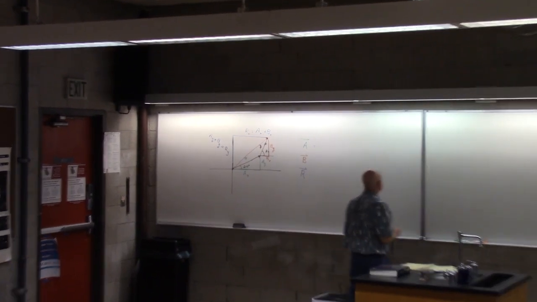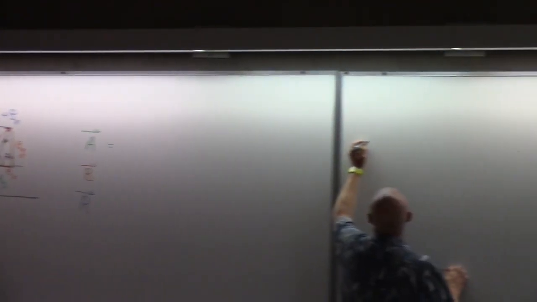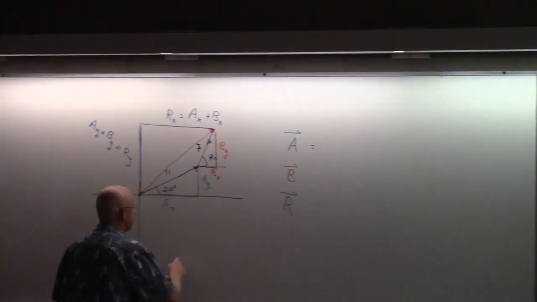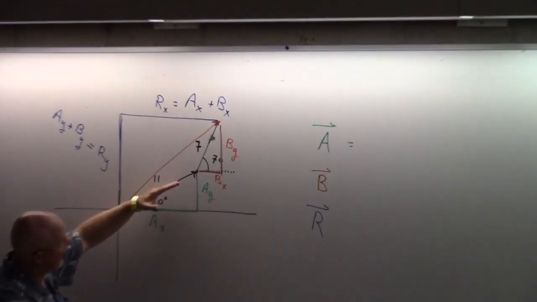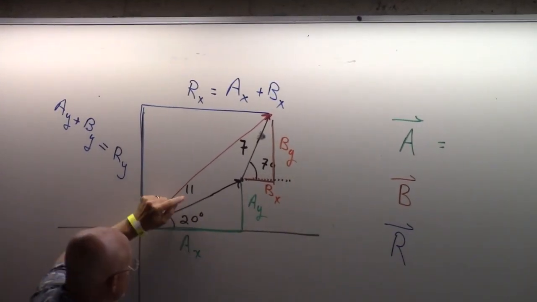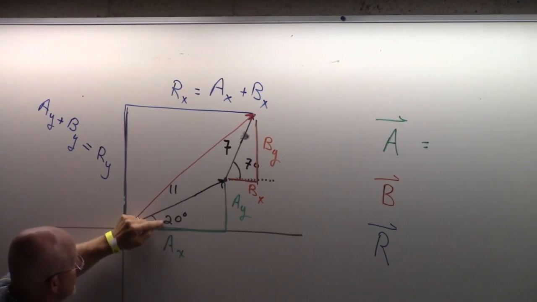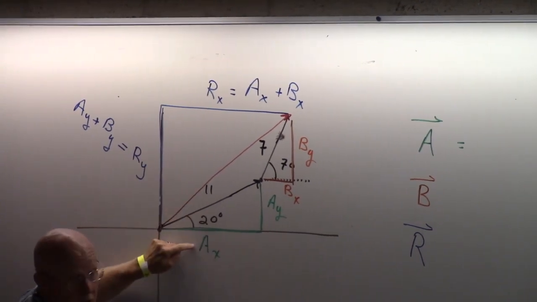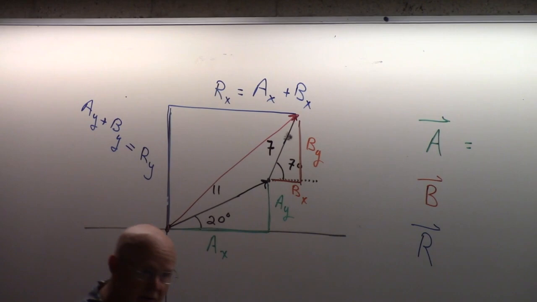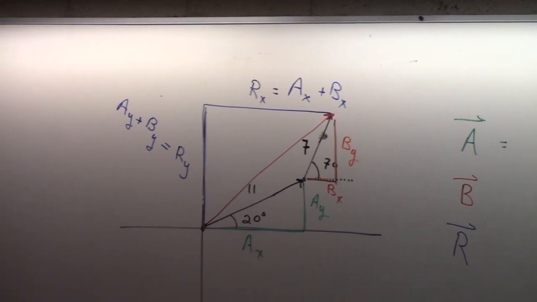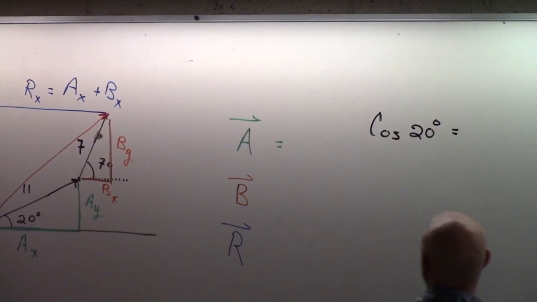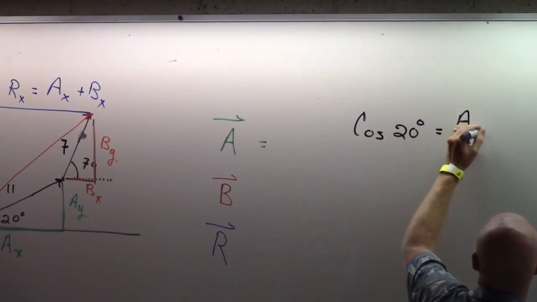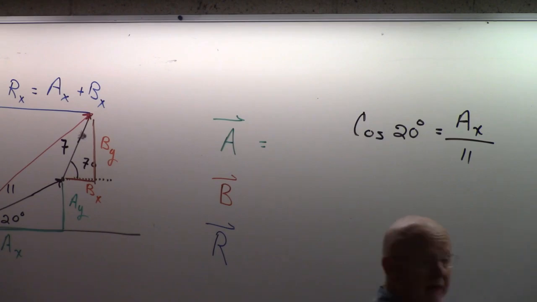So why don't I start with the hope of getting AX. See, this first little hike, which I've called A, is 11 long at 20 degrees. So this is the hypotenuse, and I want to know the adjacent. That is the cosine function. So I'm going to write here, cosine of 20 degrees would be AX over 11.